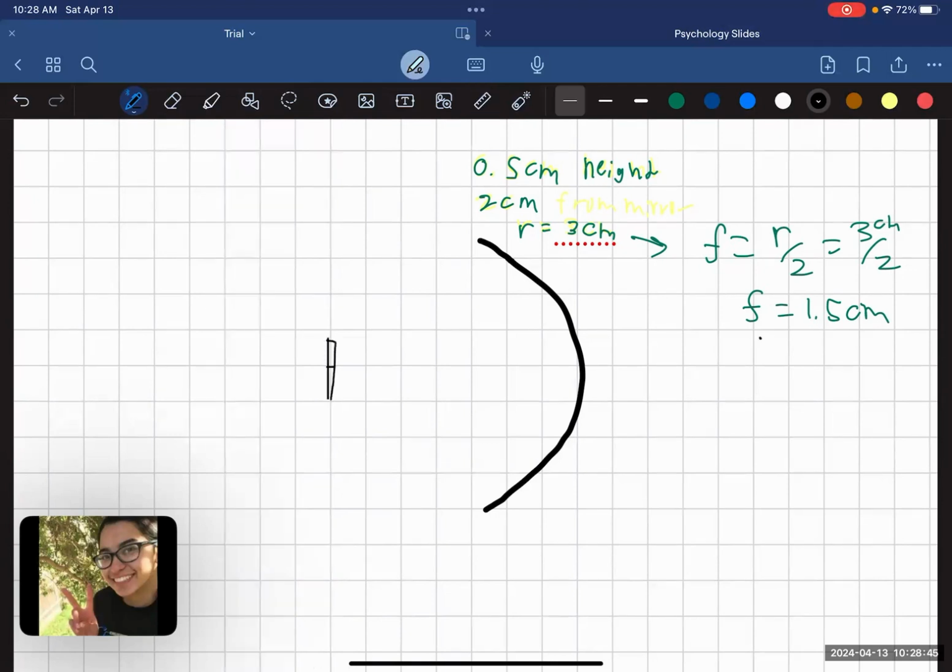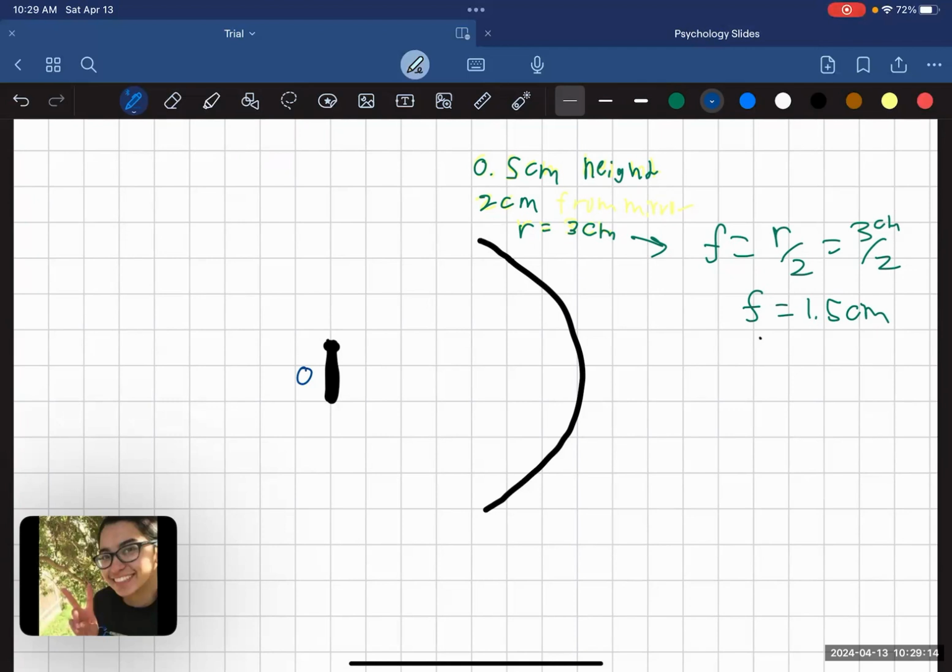So there's our object. And I believe we can denote that this is our object by just saying it's O for object.